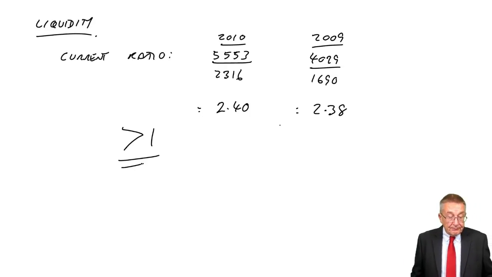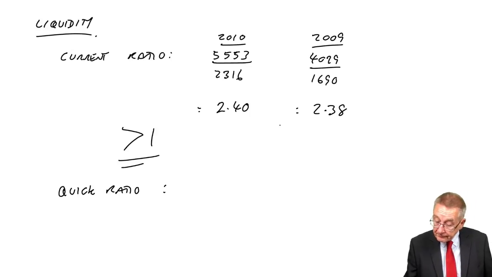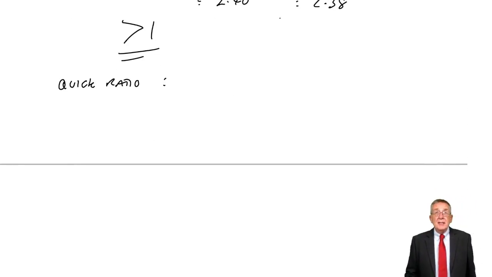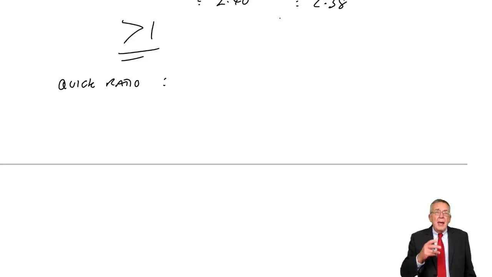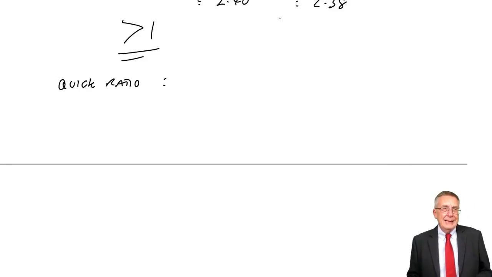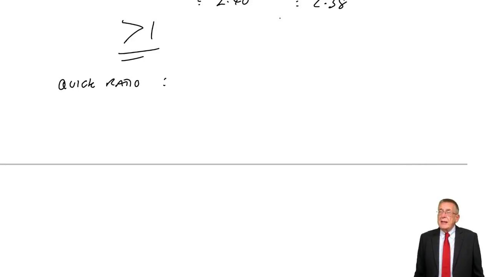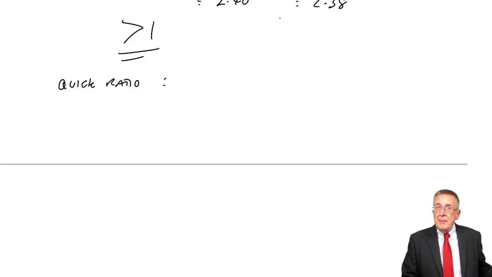The next one is very similar. The quick ratio, or as you can see, the acid test ratio, is exactly the same idea, but when we're looking to see if we can pay our bills, maybe our payables, maybe we have to pay them in a month. Well, if we've got some cash, we can pay, no problem. There's receivables. We haven't got the cash, but hopefully we'll get that in, perhaps within the month as well.